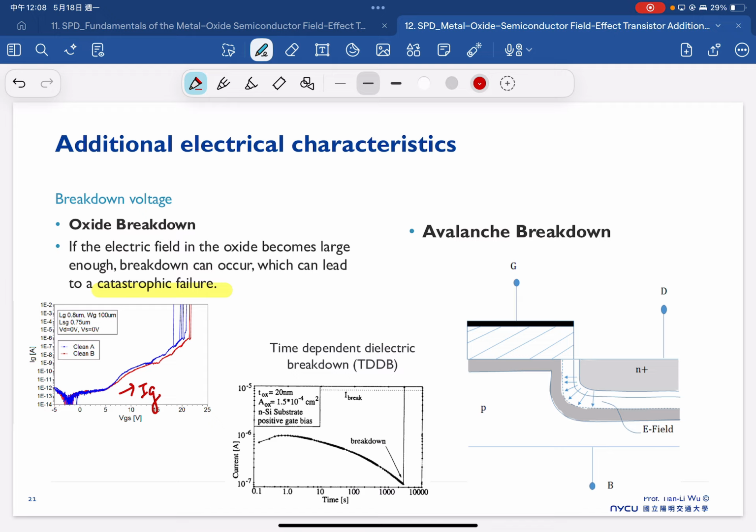And once we see the gate leak current increase, until this point, we see the breakdown happen. That's a dielectric loss of the insulating property.